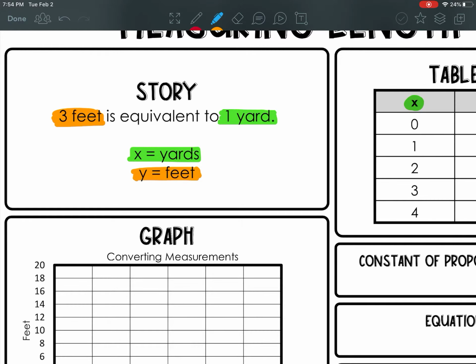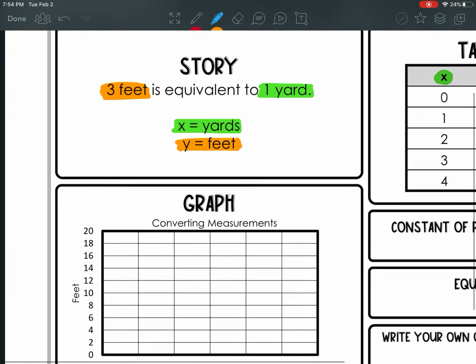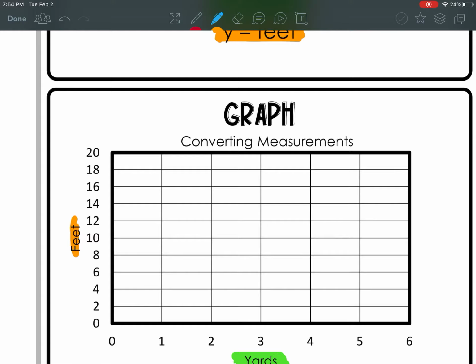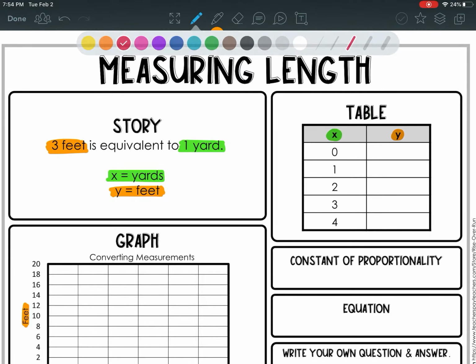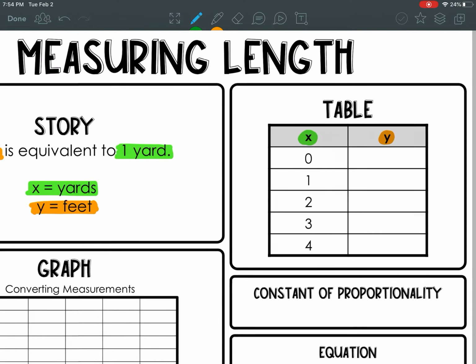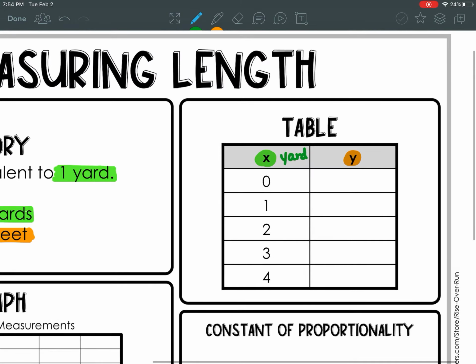The y represents feet, so what we're given in our story is 3 feet is equivalent or equal to 1 yard. Here's our y in our table, and then our y-axis is the vertical axis. So we know 3 feet is equivalent to 1 yard.